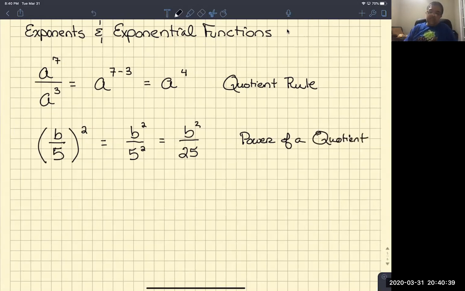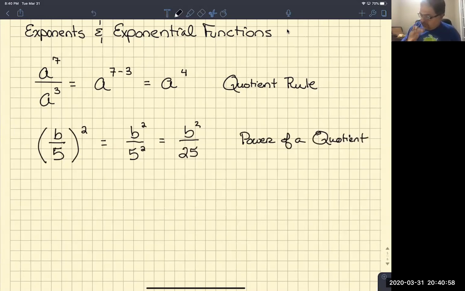So the quotient rule says if I have an exponential divided by another exponential, and the bases are the same, I can subtract the exponents. The power of a quotient says that if I have a fraction, the whole thing being the base of an exponent, I can distribute that exponent to both the numerator and denominator.